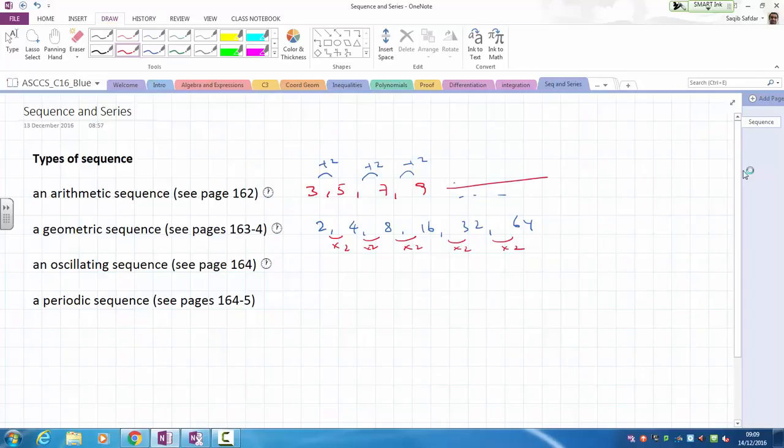This number here is actually called the common difference. We'll do this in more depth in the next couple of lessons. It has a letter, D. And this one here is called the common ratio, and it has the letter R. You could take any term and divide it by the term before it to get the common ratio. So you could do 64 divided by 32, gives you R. You could do 16 over 8, gives you R, etc. Okay?